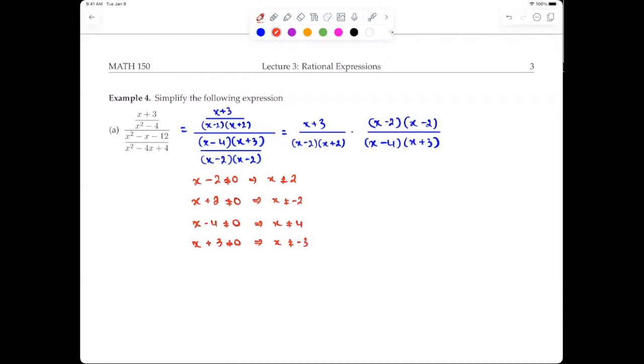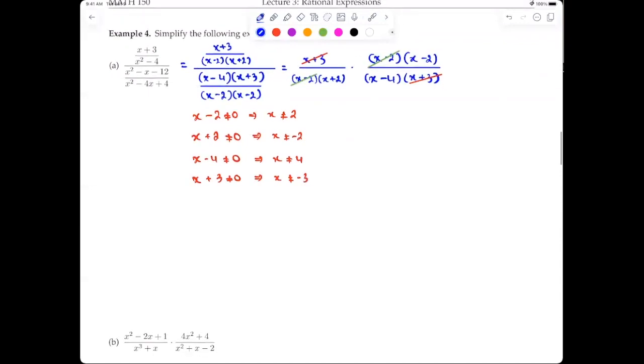Now you can make cancellations. So x plus 3 cancel out. Then x minus 2 cancel out. And you're left with the numerator is just x minus 2. The denominator is x plus 2 times x minus 4.